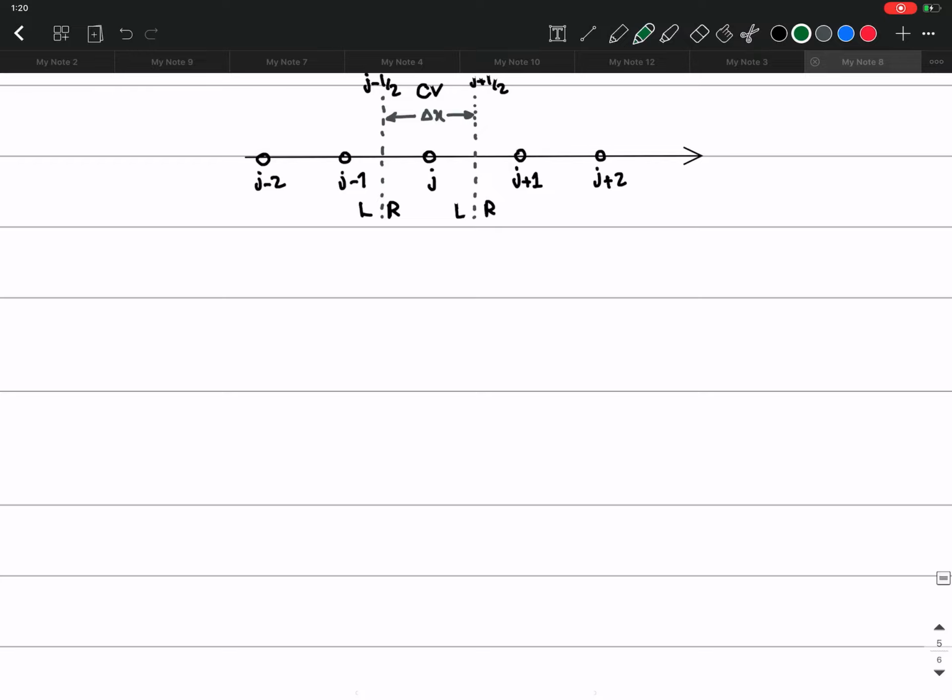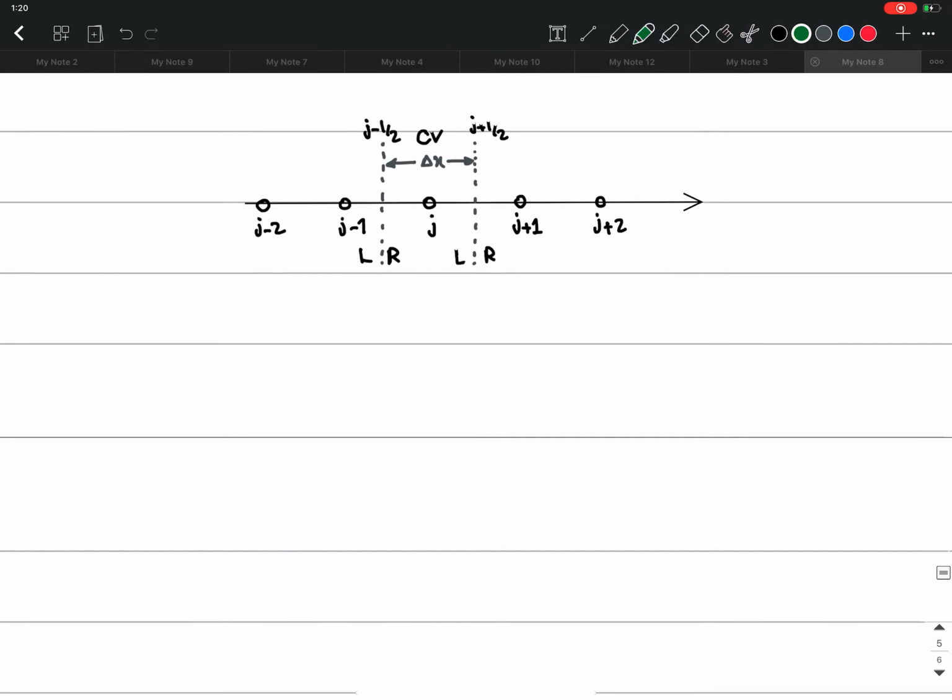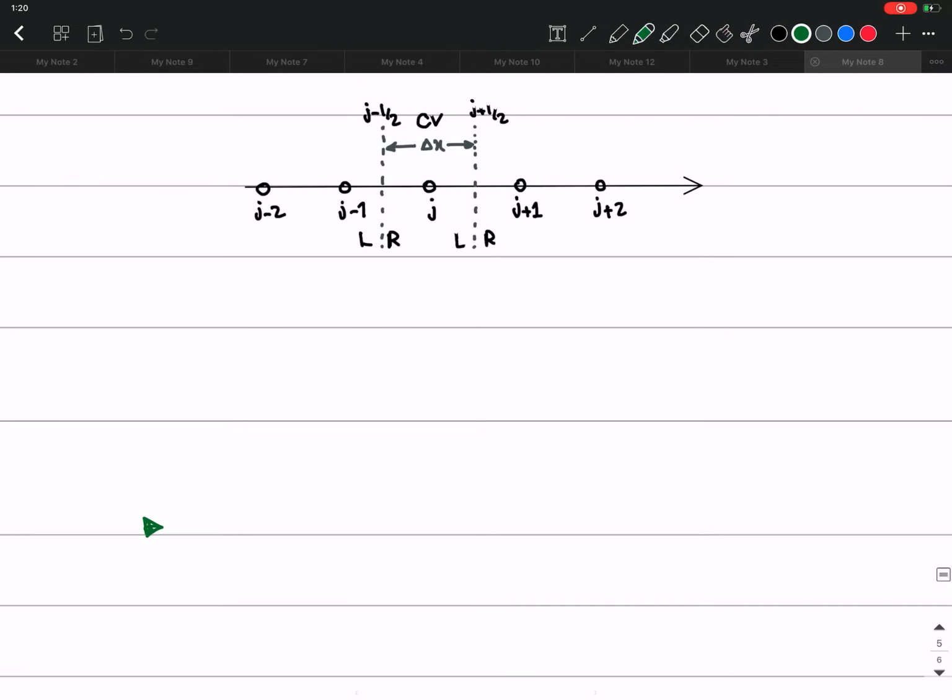And then step 2, we discretize generic integral equations on CVs, on the control volumes.